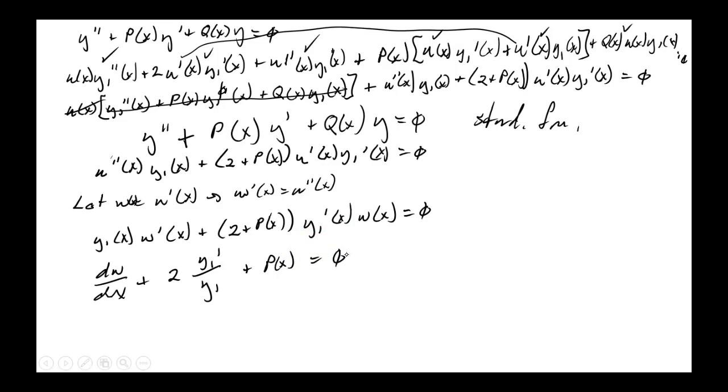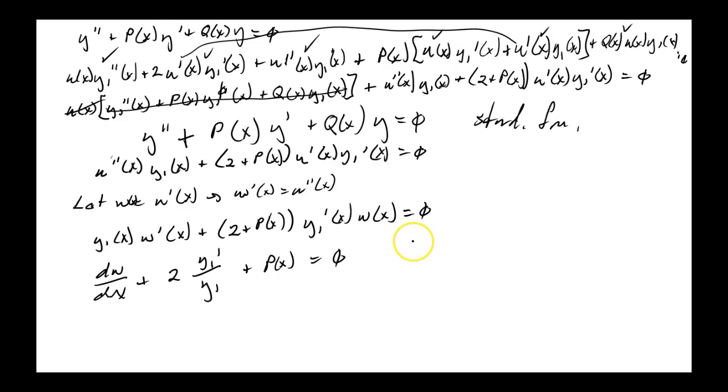Now I skipped some steps there because one of these y1 prime should be just a y1, and so you get this, and then you differentiate this, and basically you do this. And I lost a w somewhere too. Oh, there's the w. Divide by w, okay?